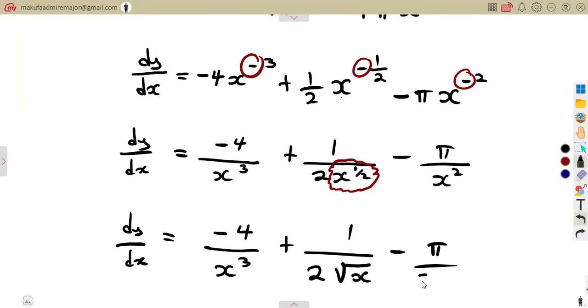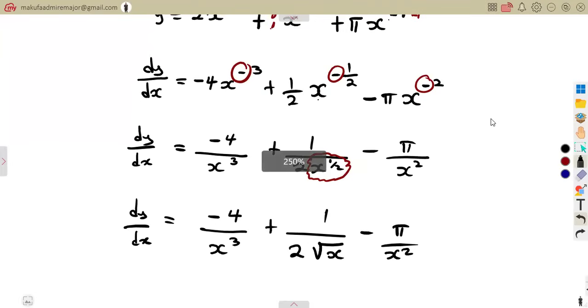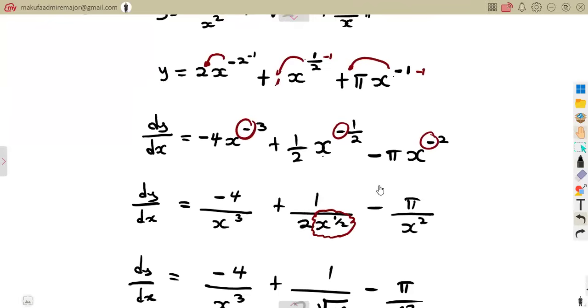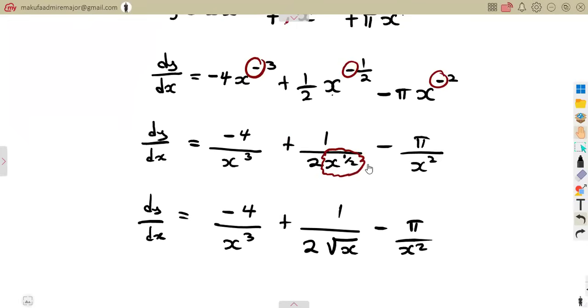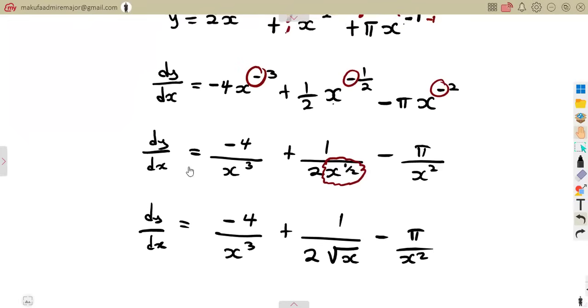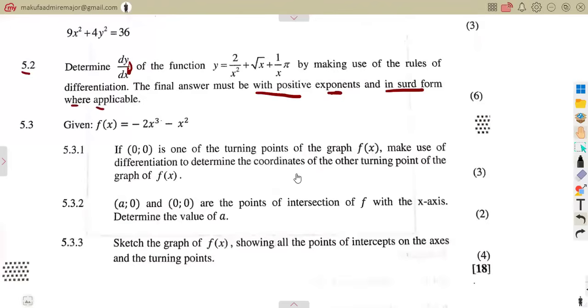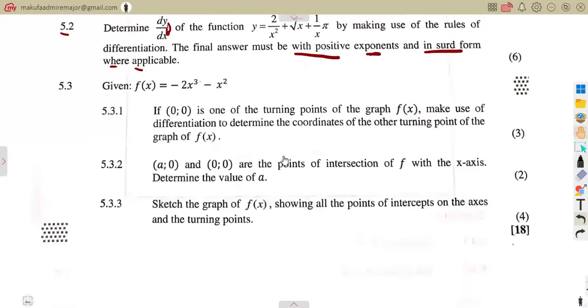Minus pi over x squared, which we can just leave like that. So meaning to say, the simplification there, it was just our basic rules of derivatives, then also the laws of exponents to be applied.